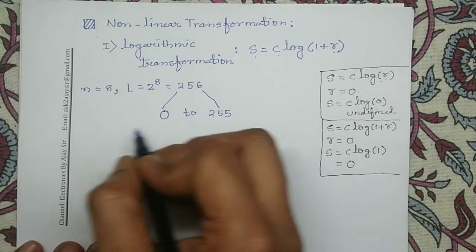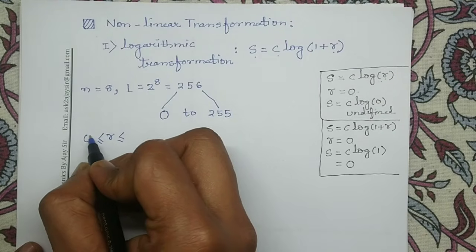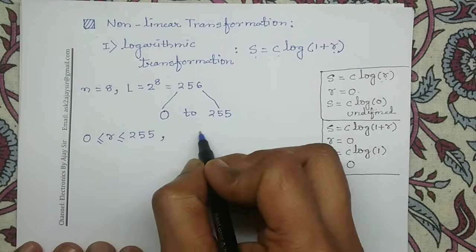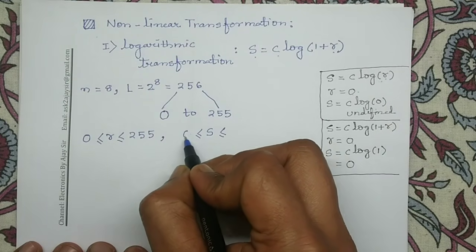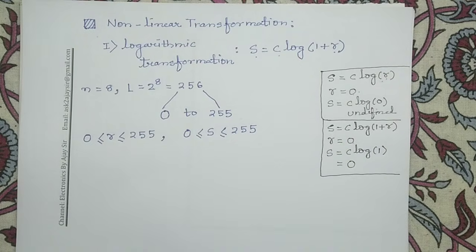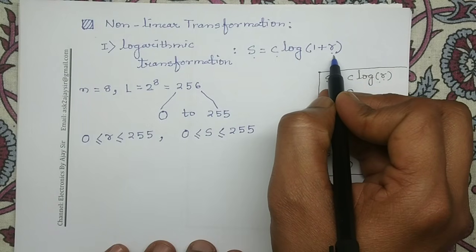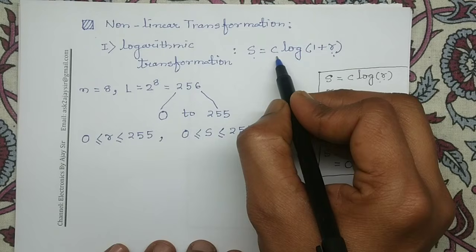So for an 8-bit image, our input intensity level will vary from 0 to 255, and we want our output intensity level S will also vary from 0 to 255. Now in order to plot the transformation curve using this equation for an 8-bit digital input image, we have to compute the value of C.